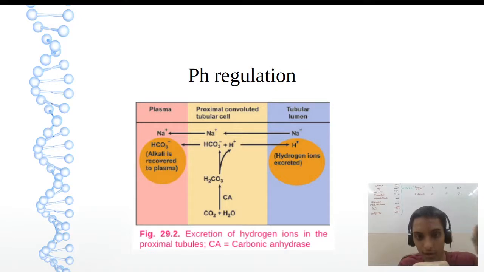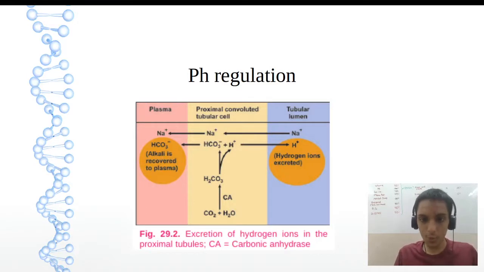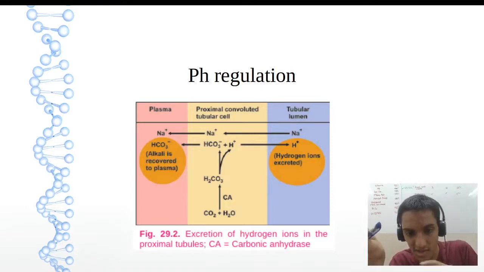So remember, for all these four processes, two things are common: the combination of CO2 and H2O to form carbonic acid and the ionic dissociation, and the transport of sodium from the lumen into the plasma via the PCT. This is common for all the four. And I will just tell you what is extra to be added in each of these four.